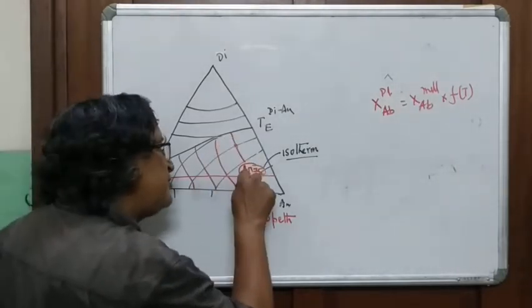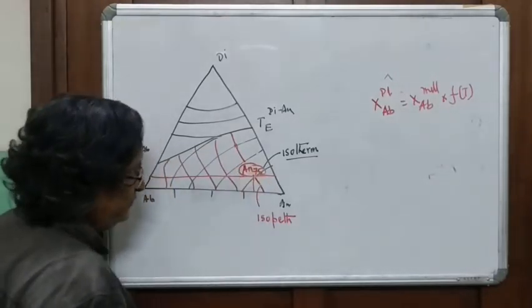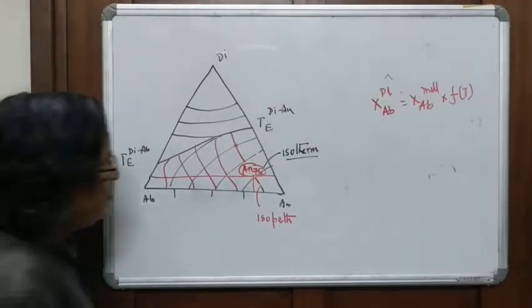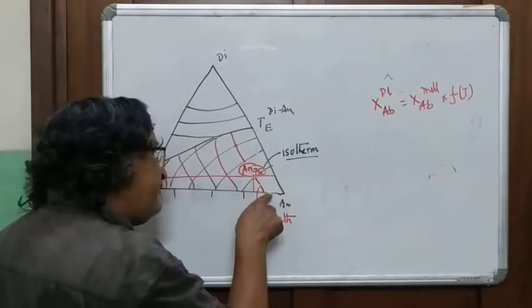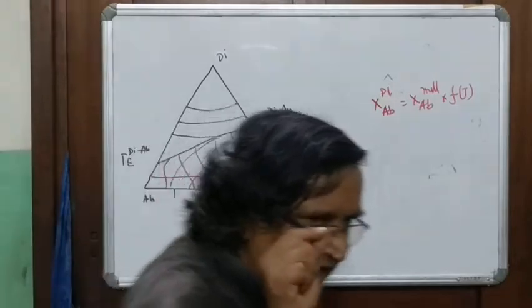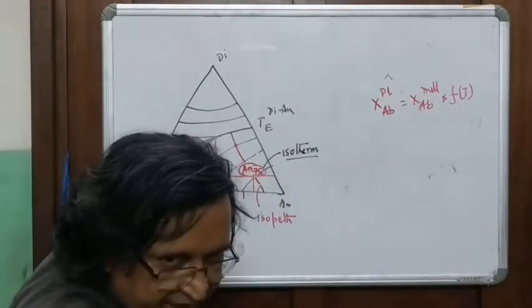This is the composition which is in equilibrium with anorthite 75. Have you understood? So this anorthite 75 composition may not be here, but it will join with the anorthite 75 composition marked in blue. This is not anorthite 75. Anorthite 75 is somewhere else.